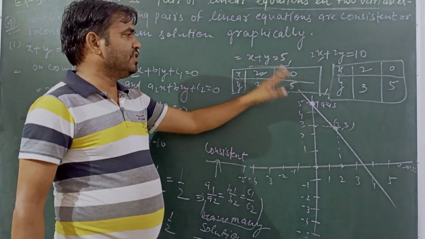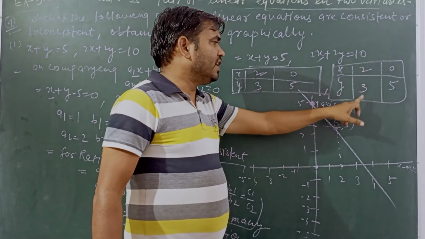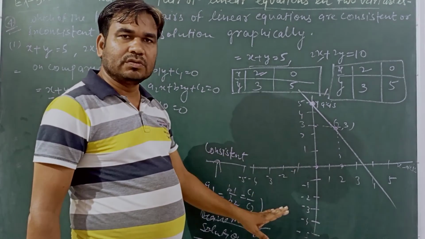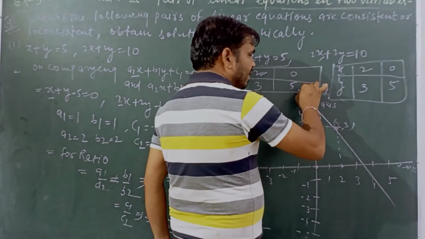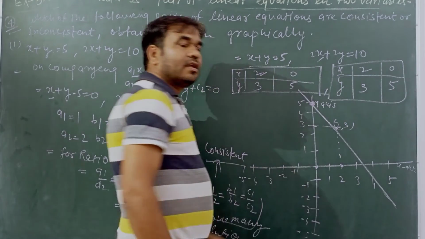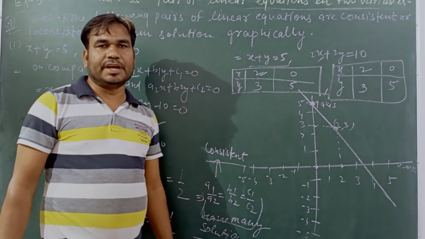This is the first equation line. After that, the same condition applies, and we find the same points for the second line, so the second line lies on the same line. It means we get many solutions here.